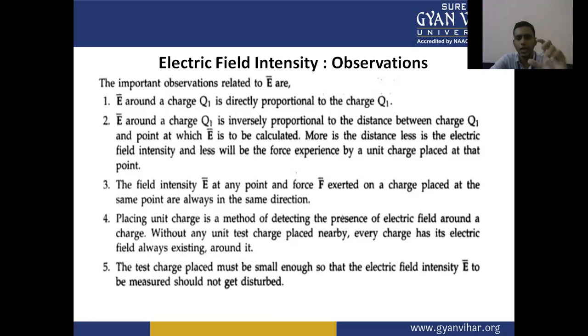Without any unit test charge placed nearby, every charge has its electric field always existing around it. The test charge placed must be small enough so that the electric field intensity E to be measured does not get disturbed.